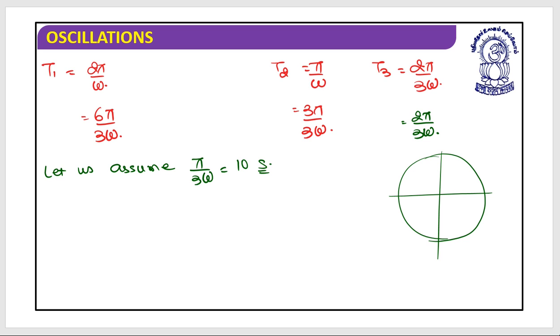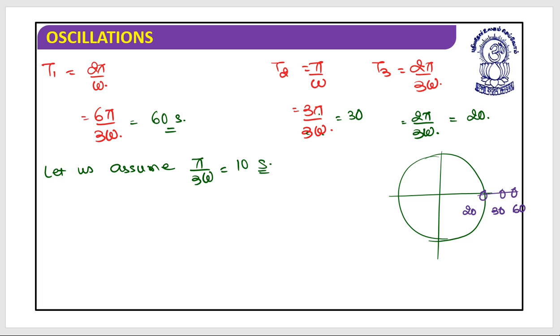Assume it. So if pi by 3 omega is 10, then this should be 60 seconds. 10 into 3 is 30, and this is 20. So now we have three particles, first, second and third. One has a time period of 20 seconds, one has 30 seconds, one has 60 seconds.